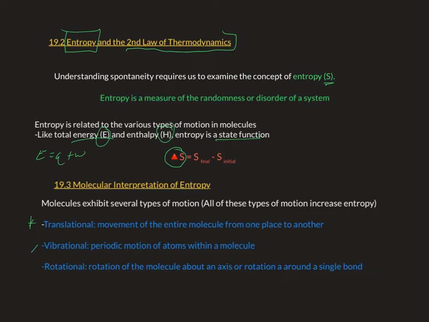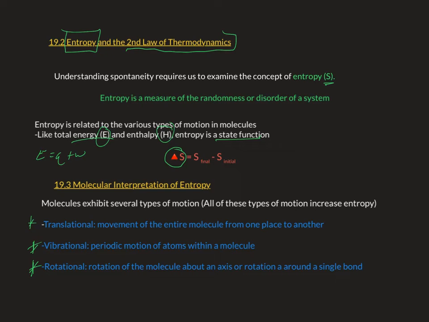And then vibrational motion is the periodic motion of atoms within a molecule. We know that within a molecule, the bonded atoms are vibrating in place. And lastly, rotational motion. This is the rotation of a molecule around an axis or around a bond.